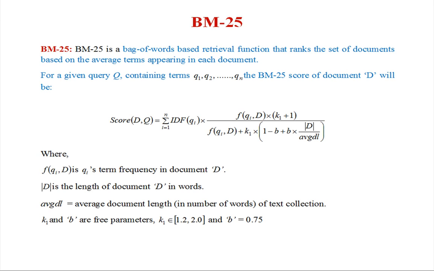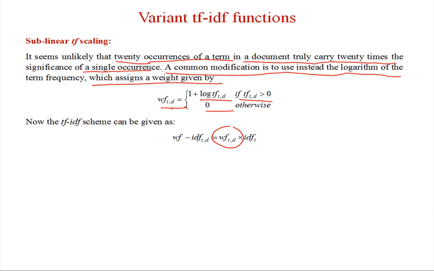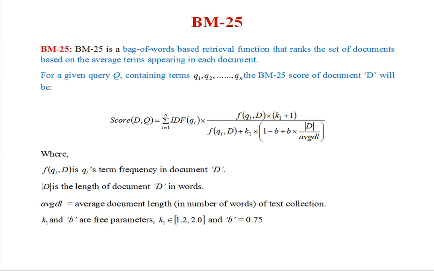Now BM25. BM25 is generally used to rank documents on the basis of some query terms. In the earlier TF-IDF based system, we generally use the TF-IDF value to identify the importance of a word in the document. But now suppose you are going to fire a query with some keyword or set of words, like text mining.